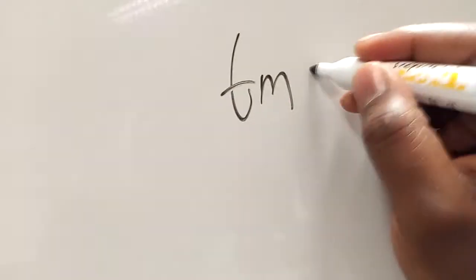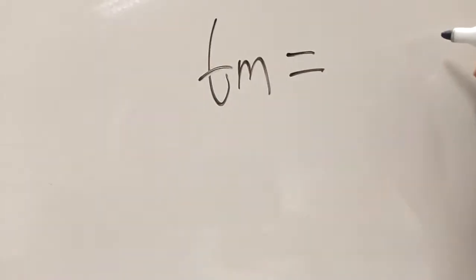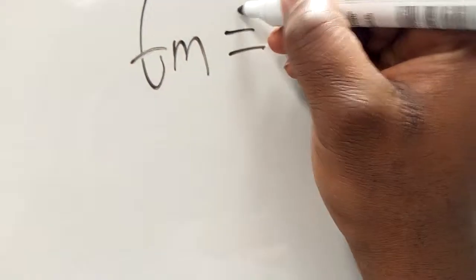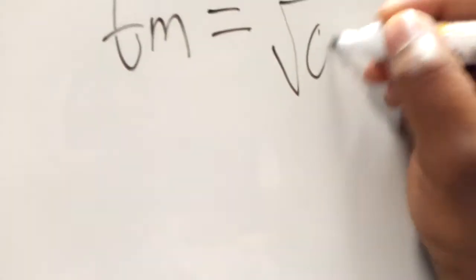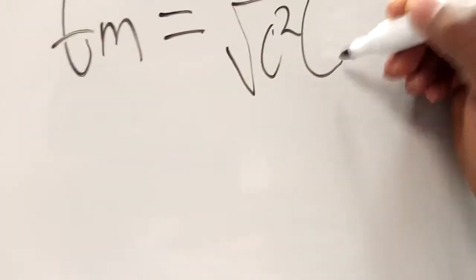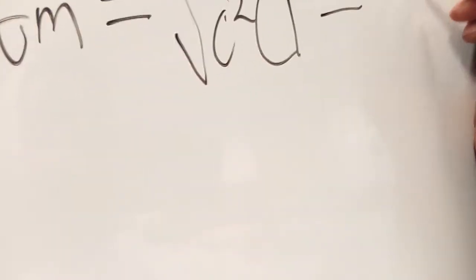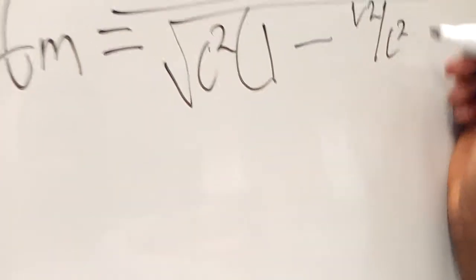So we know t sub m, t sub moving, is equal to c times t sub s divided by, let us factorize c squared out, so you have c squared times the bracket 1 minus v squared divided by c squared.